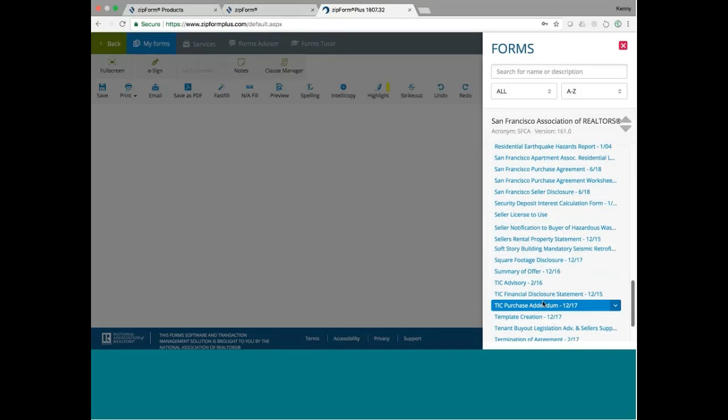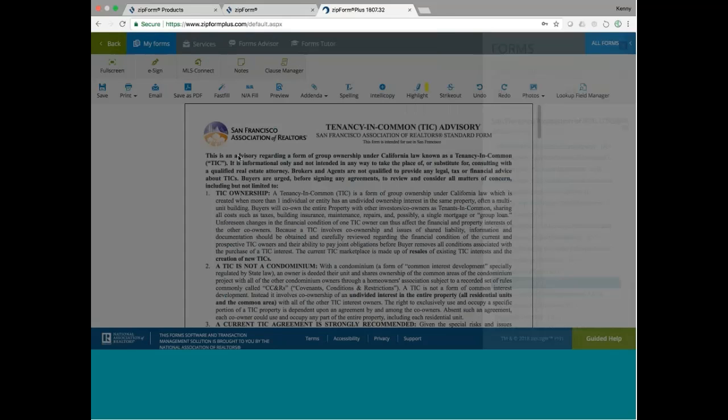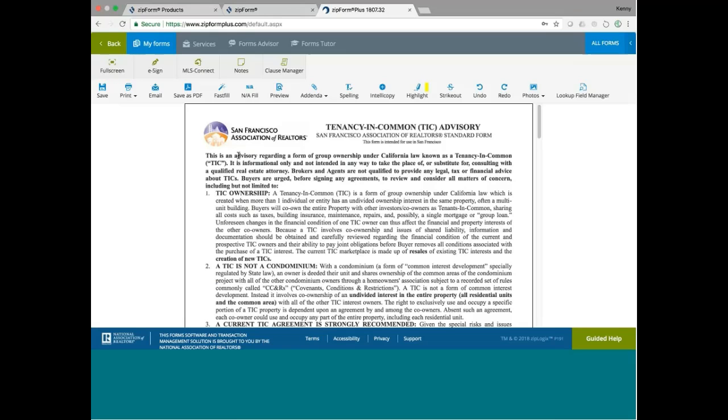Here, this is the TIC advisory. Now, what's the purpose of the advisory? Advisory serves as advice or warnings to the buyer. You know, it is to educate the buyer what are the risks of buying a TIC interest.